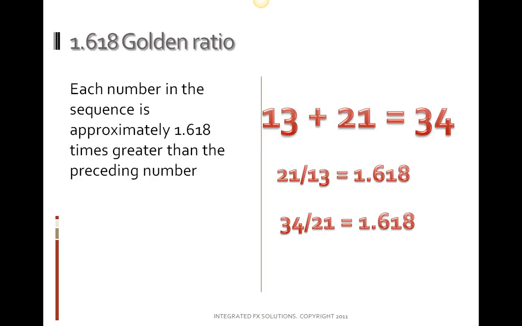Pick any number. Pick 5, 8 and 13 and carry out this division. You'll be amazed. You will arrive at 1.618. You can pick any three numbers in that sequence, and you'll be amazed at what you arrive at. That is how powerful Fibonacci numbers are.